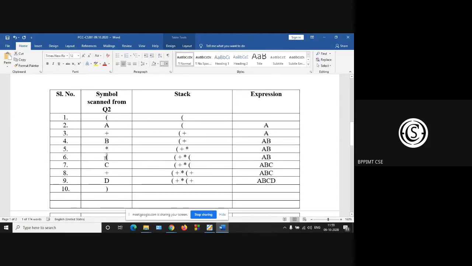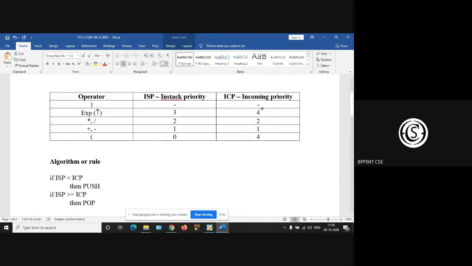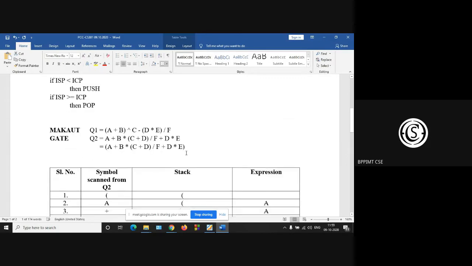Okay. It is the rule. So here, closing bracket. What is the priority for the closing bracket? The incoming priority is null.